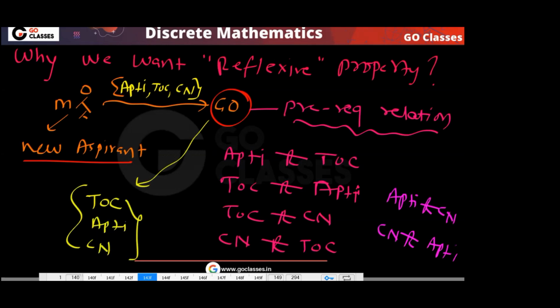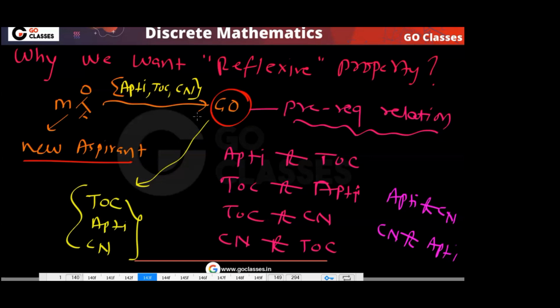If there is no order, then what should this aspirant do? Now you can notice no one is related to anyone. Here we need the reflexive property, at least the reflexive property we want. Aptitude is not related to TOC and CN, TOC is not a prerequisite of aptitude and CN, CN is not a prerequisite of TOC and aptitude.